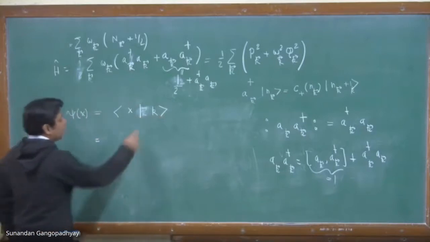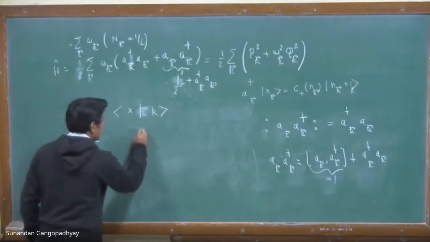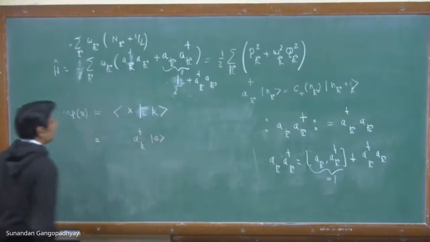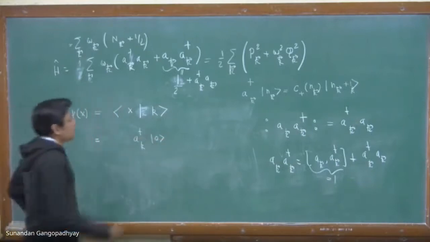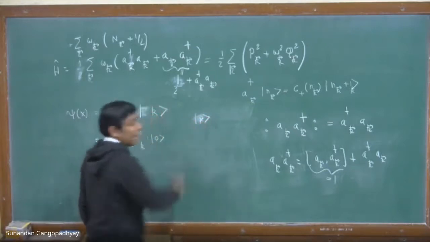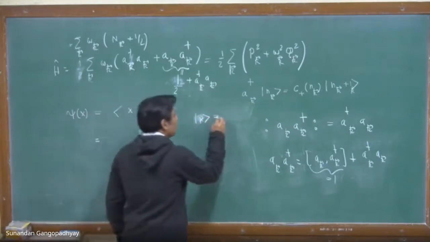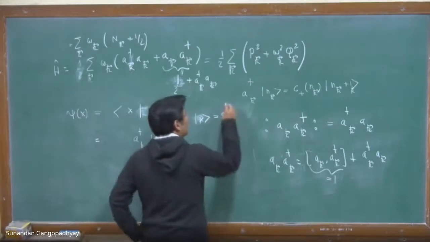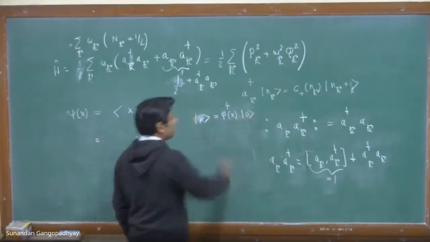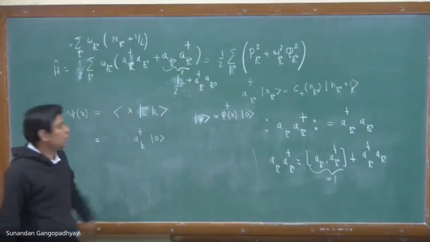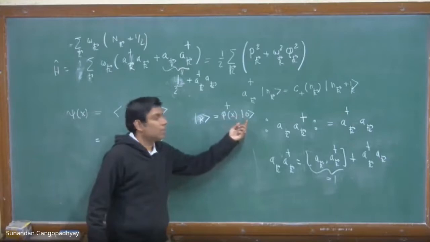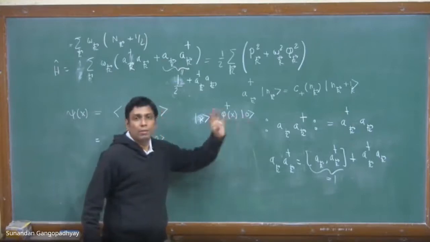Now this state k, you can write down as a dagger k acting on the vacuum, and this state x, whose position is x, you can basically write as phi dagger x acting on the vacuum. This is like an operator which gives you a particle at position x.